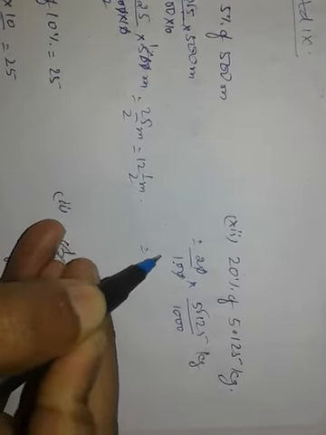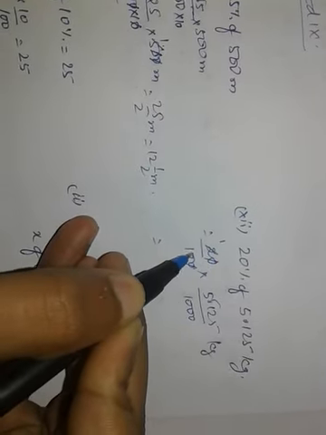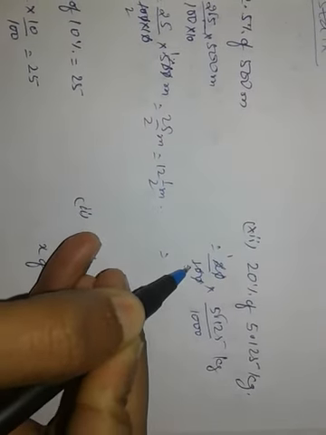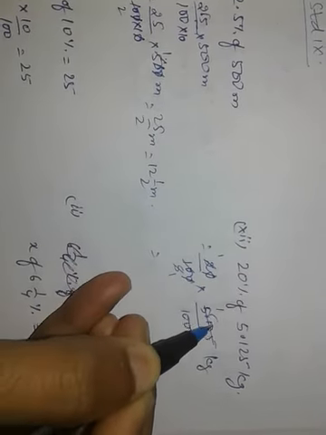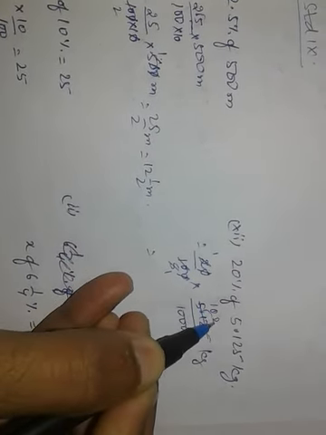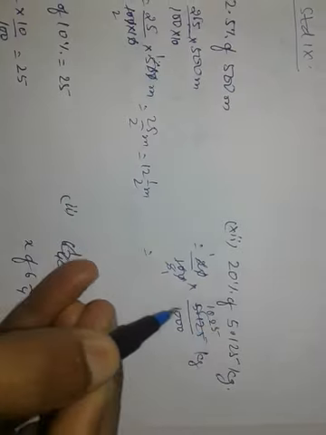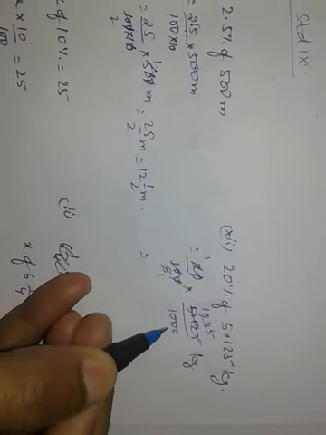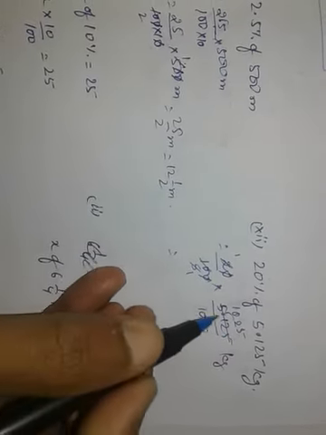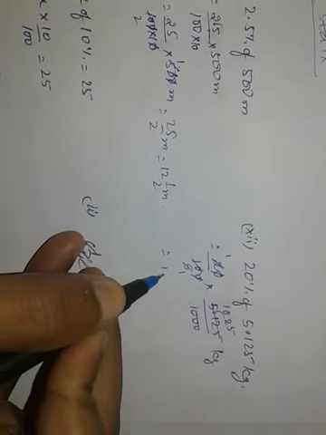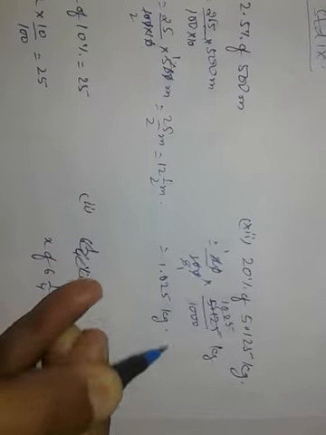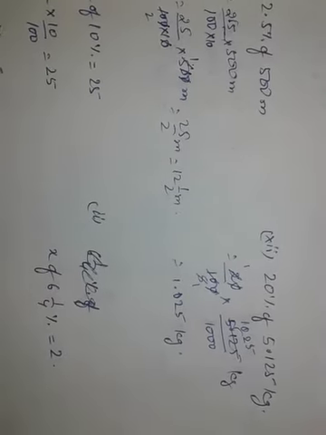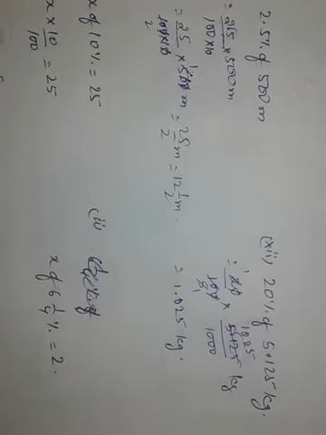Now we cancel here. 2 1s are 2, 2 5s are 10, and 5. So we don't cut this, okay? Why? Because it is easier for us to give a decimal. So it becomes 1.025 kg. So this is the way to solve question number 6.